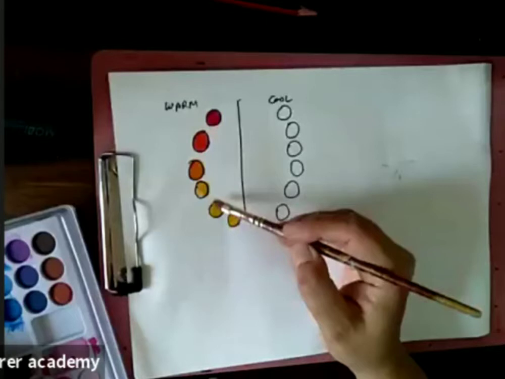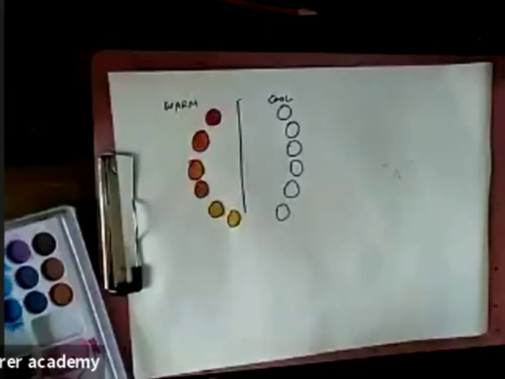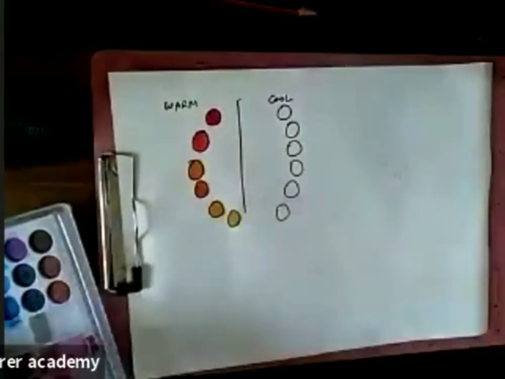Add a little bit of it actually. Okay, so it will give you different shades of orange. Okay, so now the other side is purple, blue, and green.